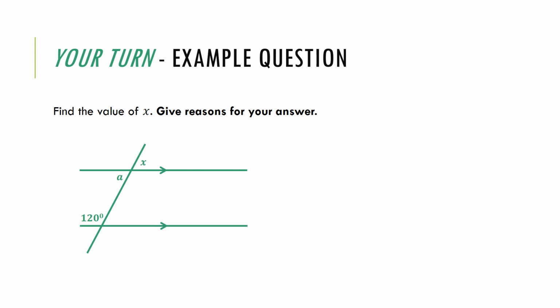Okay, so we're going to start by finding our A. So A is, and there are different ways you could do this. You could find this angle here and then use a corresponding angle as well. But because I've given you the A, hopefully you've gone this way. So we're going to say that A is 180 degrees minus 120 degrees. So A is going to be 60 degrees. And the reason is that we have used a co-interior angle on parallel lines.